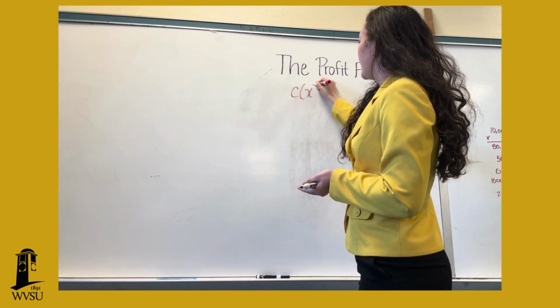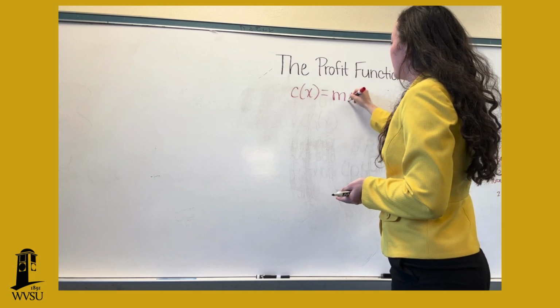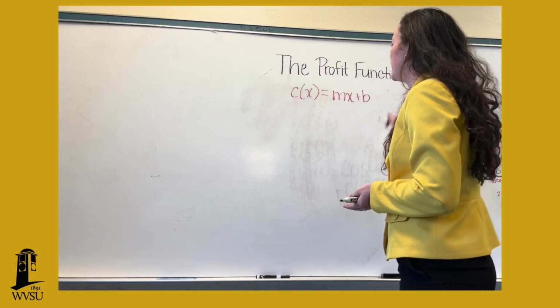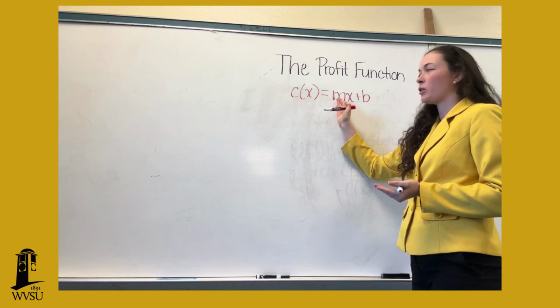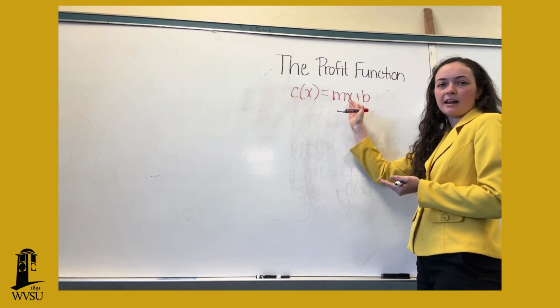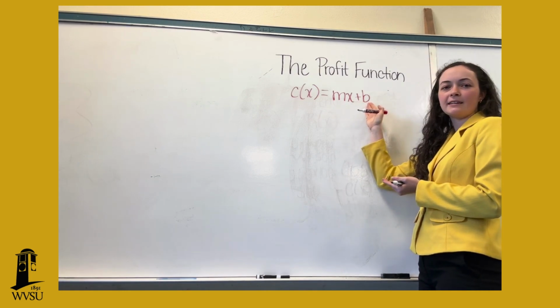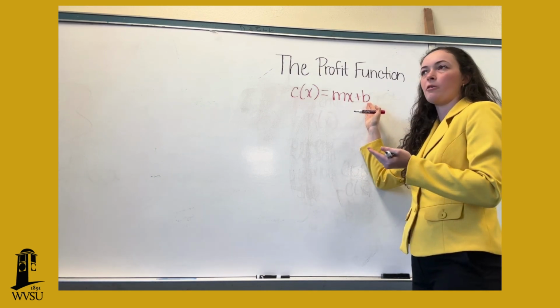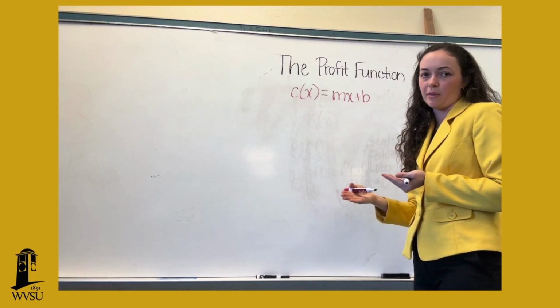We are going to say C of X, cost, equals mx plus b, where m is our recurring charges. We're going to do this monthly, so m times the amount of months that have passed, x, plus b, and b is the initial charges or the one-time fees that you're paying. They're not recurring every month.